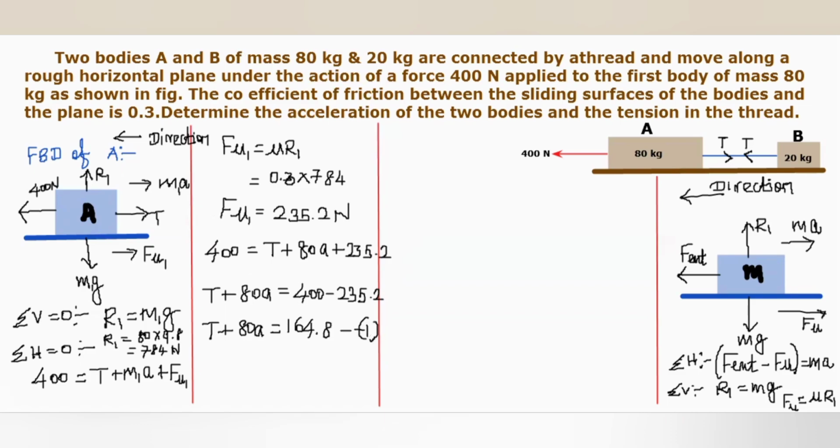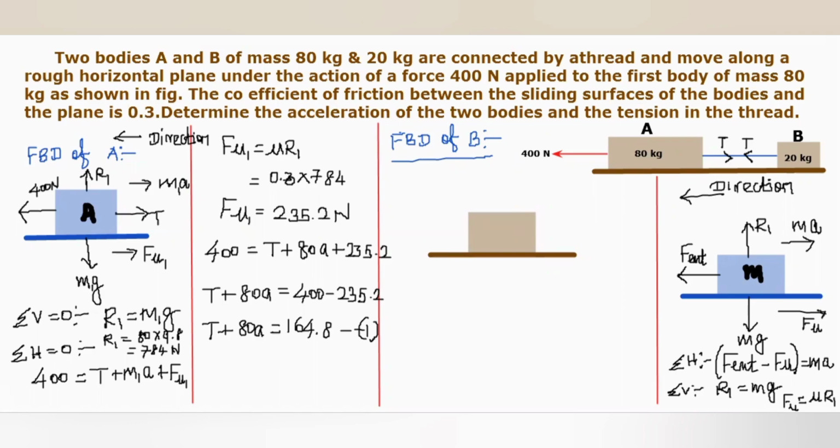Then we are going to consider the free body diagram of the second body, the object B. So here consider the rough horizontal plane, and the object is moving on this surface.